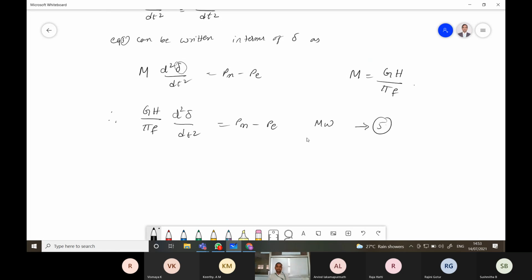These terms are in megawatt, which is the actual value. We need to convert into per unit, with the base value.